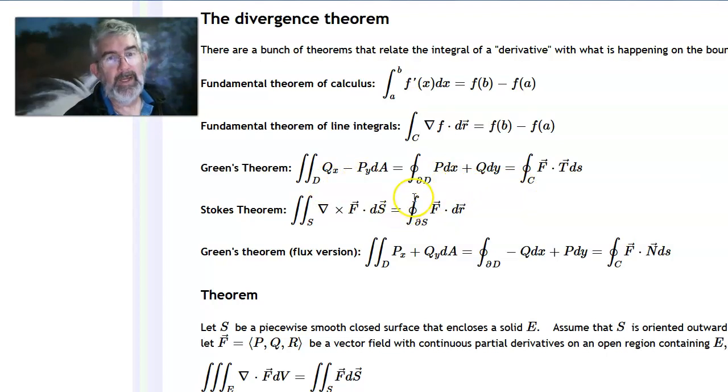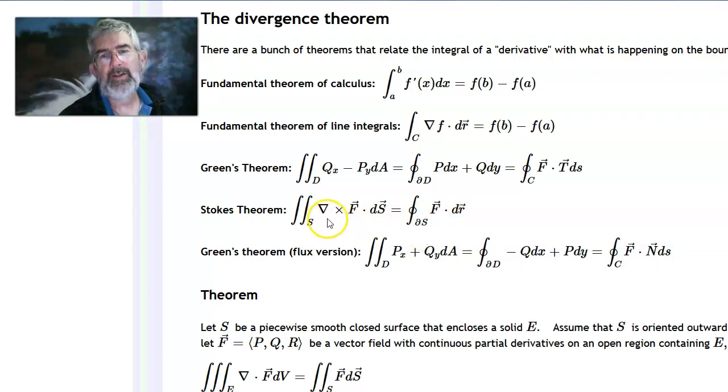Stokes's theorem then bent that into a double integral over a surface. And this is the curl of F dotted with dS, so surface area there, and that's equal to the line integral around the boundary of the surface of F dotted with dr. Okay.